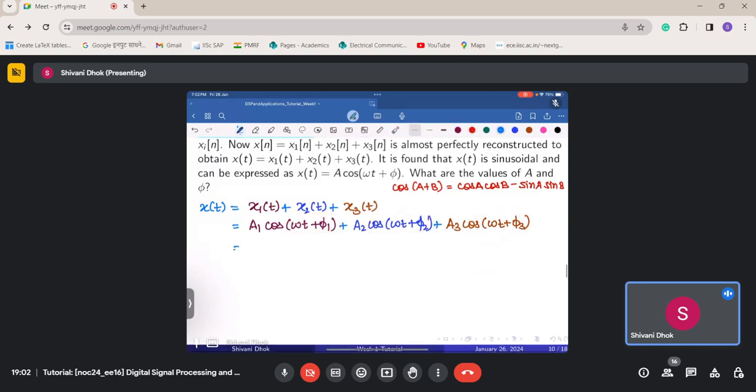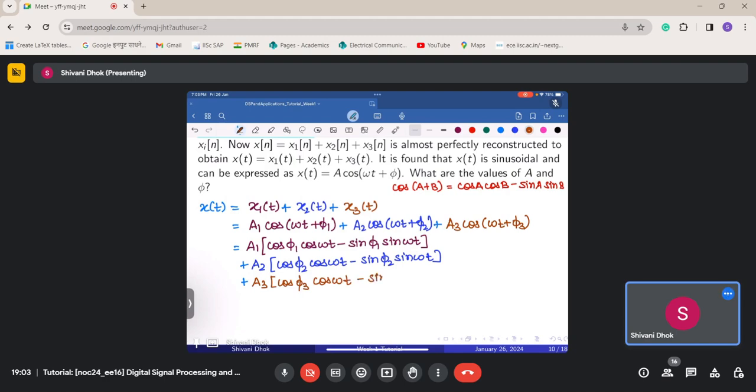So this is equal to a1 times cos phi 1 into cos omega t minus sin phi 1 sin omega t, plus a2 into cos phi 2 cos omega t minus sin phi 2 into sin omega t, plus a3 into cos phi 3 cos omega t minus sin phi 3 into sin omega t.